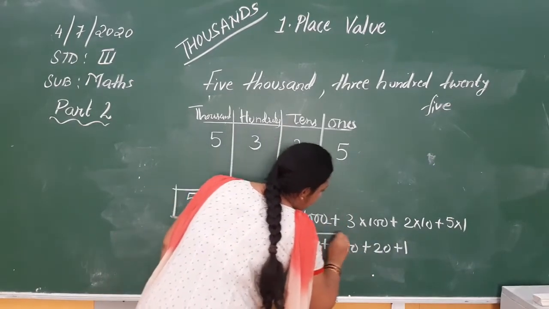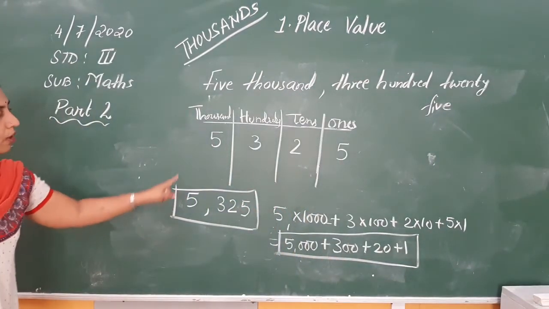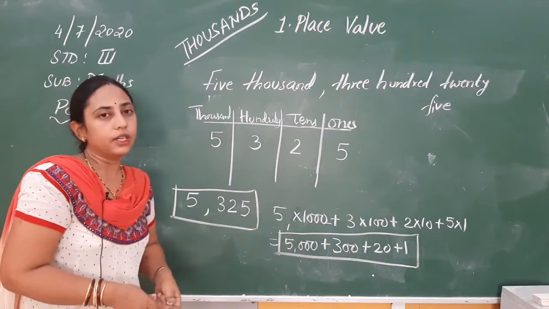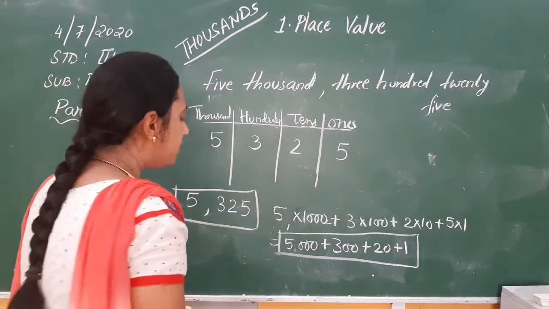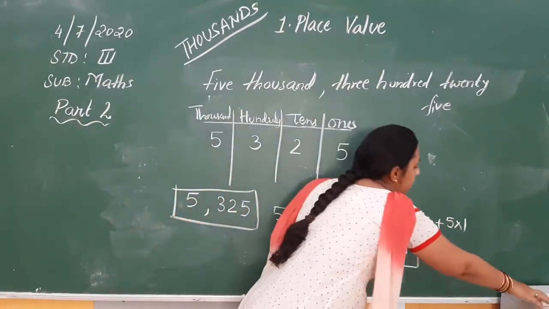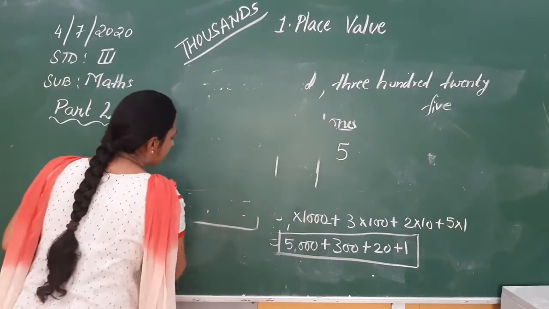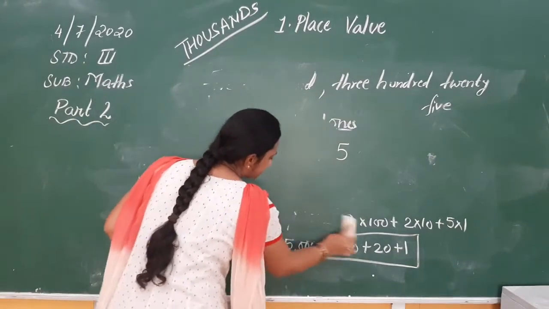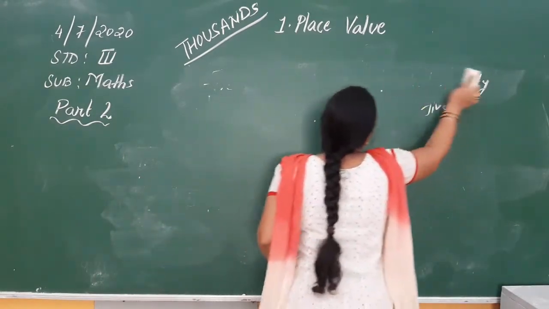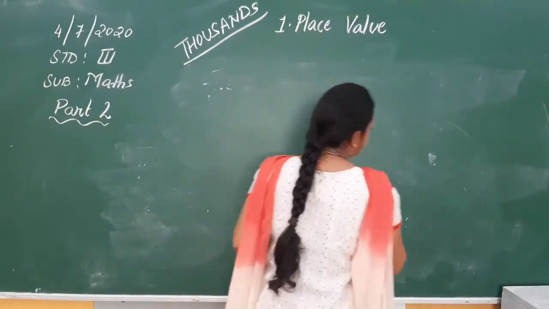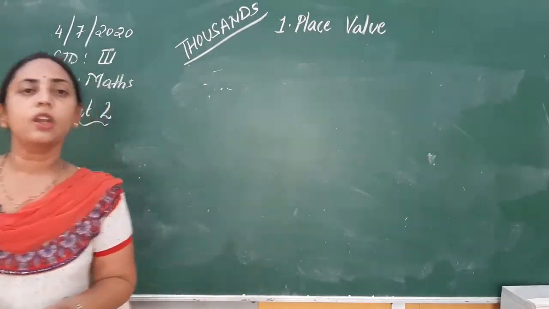So this is in the expanded form, this is in the numeral form, and this is in words, right? Now how can we represent the numbers in thousands on an abacus? Let us see how we can do these numbers on the abacus.